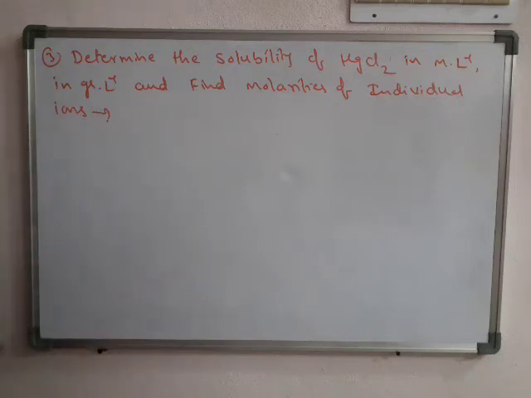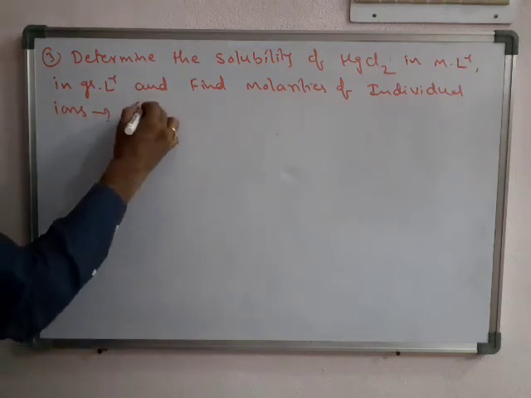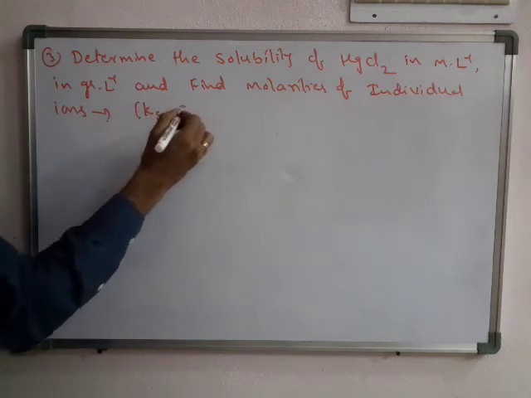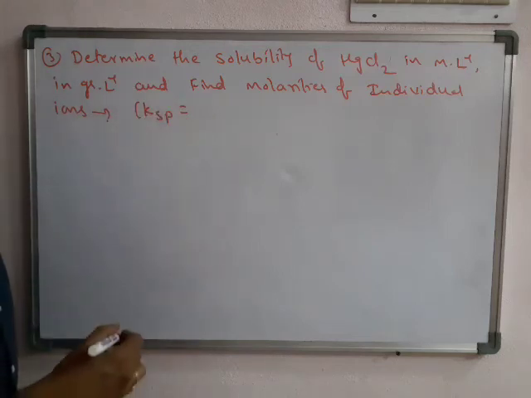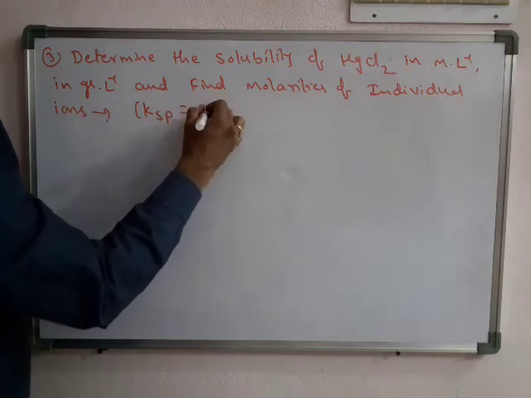So in the question, I think they gave the Ksp value of this salt as 5.6 into 10 power minus 23.